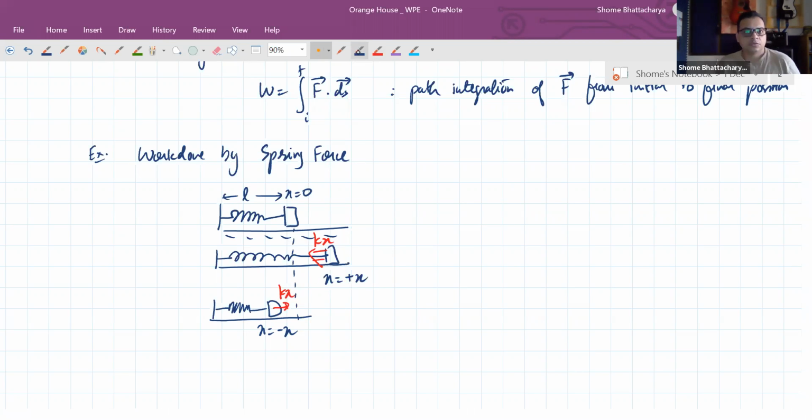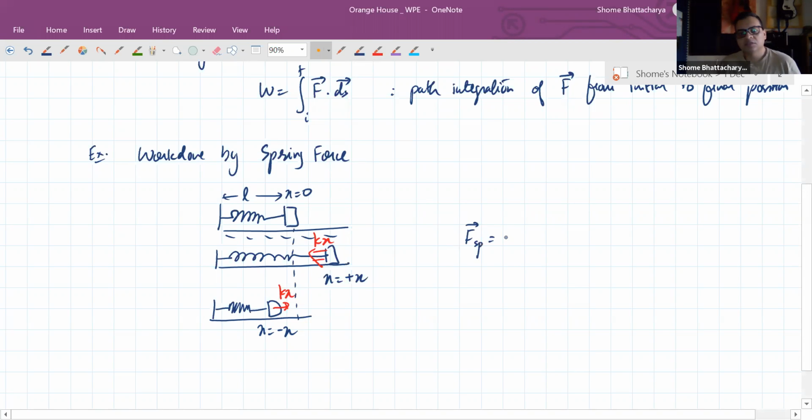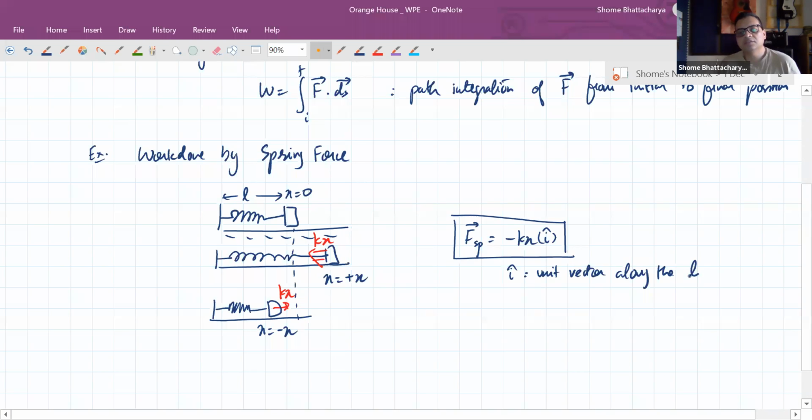Okay, so as a vector we can define the spring force as minus kx i cap, where i cap is the unit vector along the length of the spring, and x is such that positive x is the extension and negative x is the compression.